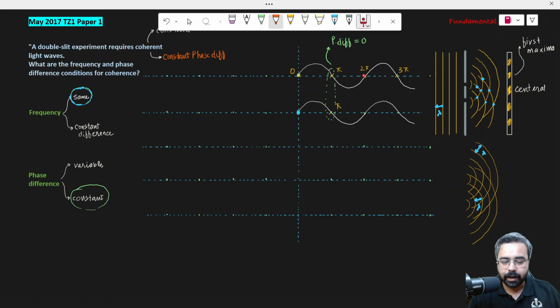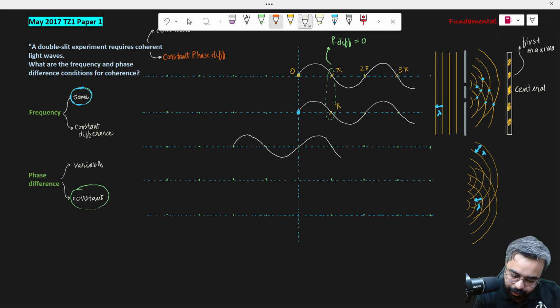But let's say there's another wave. Although the two waves have the same frequency, I am intentionally going to start this wave from here.